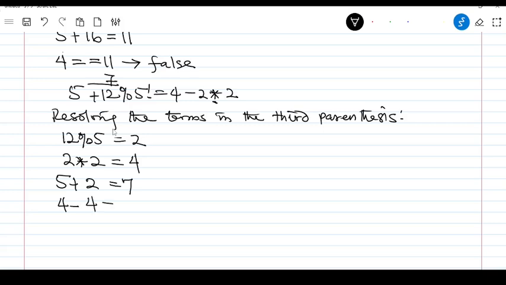And 4 minus 4 is going to be equal to 0. So the expression is now reduced to everything here becomes 7 and everything here becomes 0. So that means that 7 is not equal to 0. And indeed, 7 is not equal to 0. So this is going to be true.